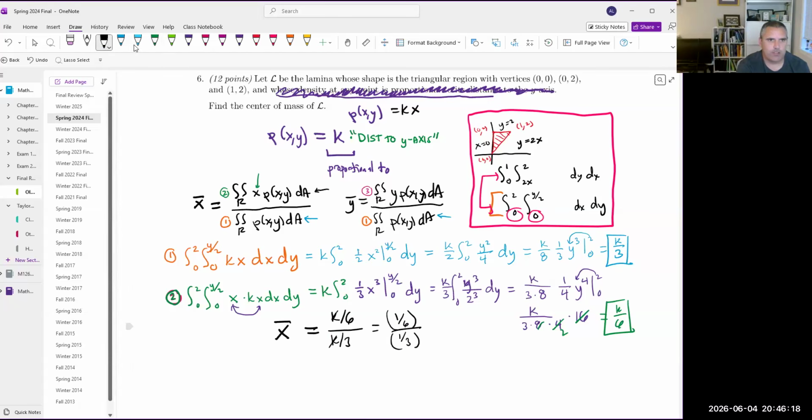So my rule for fractions is to find the big bar, which is right here, and then multiply top and bottom by the same thing, whichever makes it simplest in my mind. And 6 would be the simplest because then I get 1 over 2, 1/2. Then I don't have to remember any rules about flipping things. So it turns out that x bar is a half, which is a little bit further to the right than I would have initially expected because it's a triangle, but it gets heavier as you go to the right. So maybe that's reasonable.